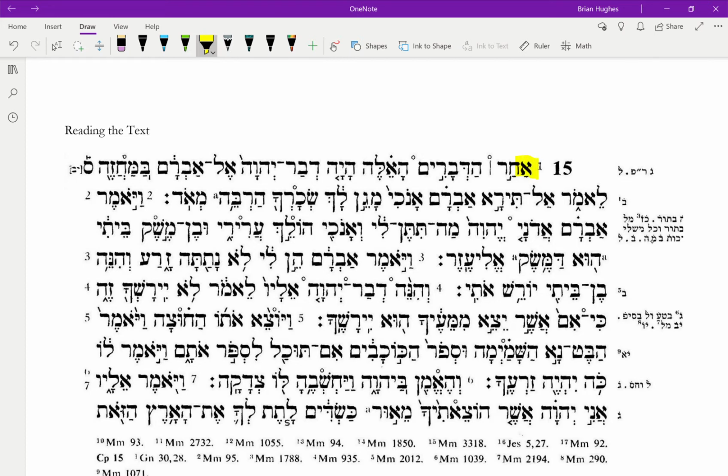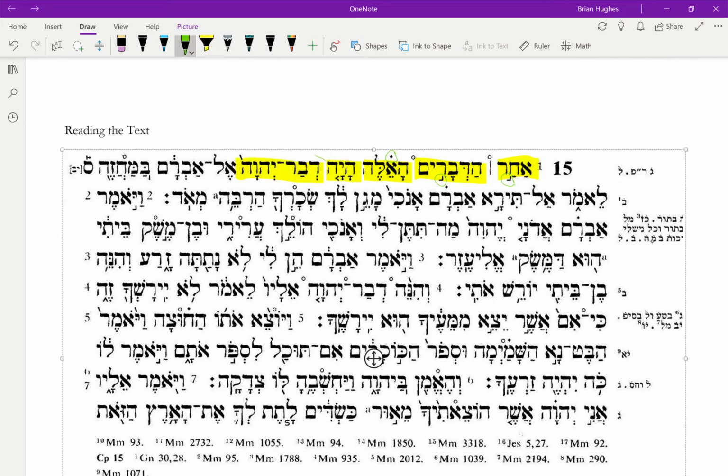So here we have achar hadevarim ha'ele. Now, real quick, notice again that there are these accents. These are munachs, and there's an accent up here, and they're on the syllable that is stressed as we read through it. So that helps me as I go through, knowing what to pronounce. Haya devar Adonai.